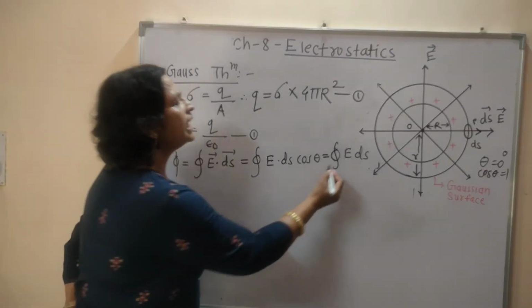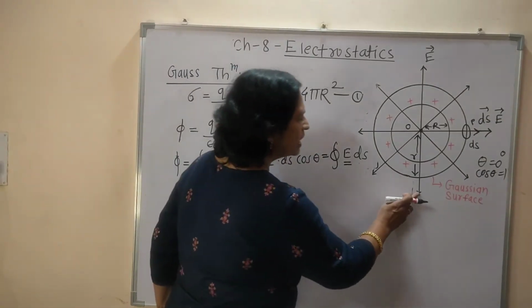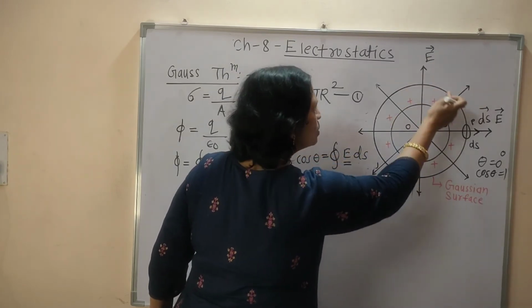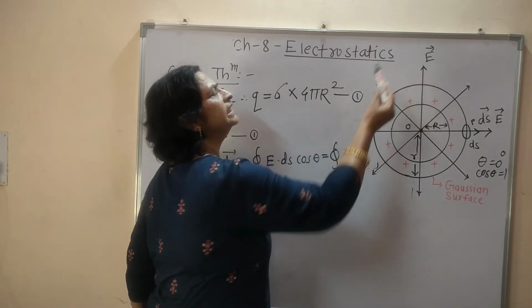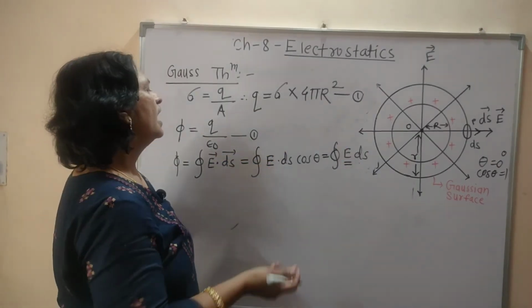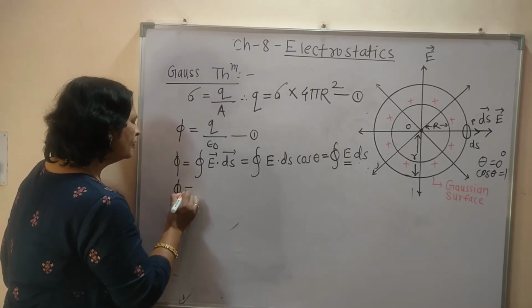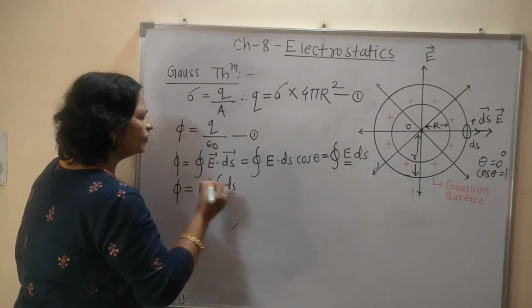Now this E intensity is constant, meaning over this whole Gaussian surface the electric intensity E is constant, and therefore it is taken outside the integration sign. Phi equals E times the surface integral of ds.